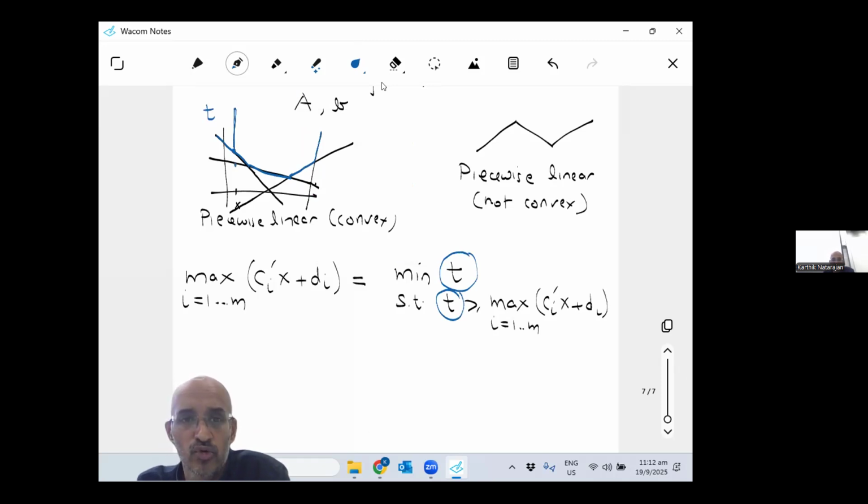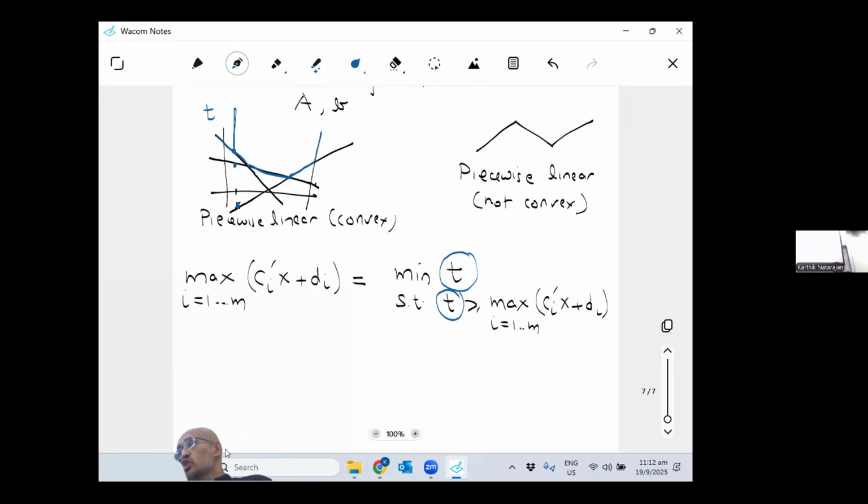There's either this value, this value, this value, or if I take the function all the way down, there's a point somewhere way down here. Okay, it's really not going to be the maximum at this point. Okay, t has to exceed this number or be greater than or equal to this number. I want to minimize t, which means I'm going to push this value all the way down to this value.